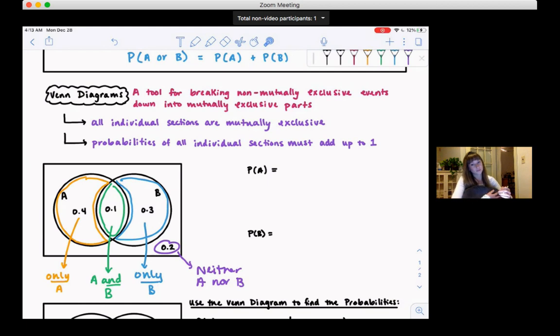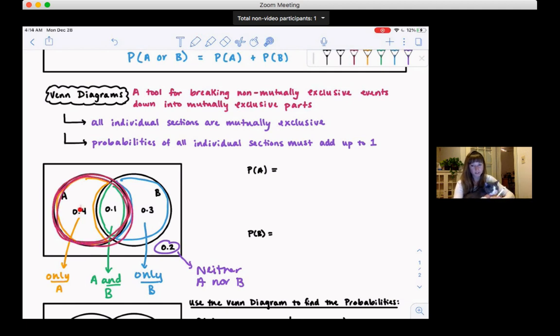So the Venn diagram is breaking things down into mutually exclusive parts, and then, to find combinations of these events, we can just add up their probabilities. Let's say we want to know the probability of A altogether. The probability of A is the probability of only A or the probability of A and B, right?